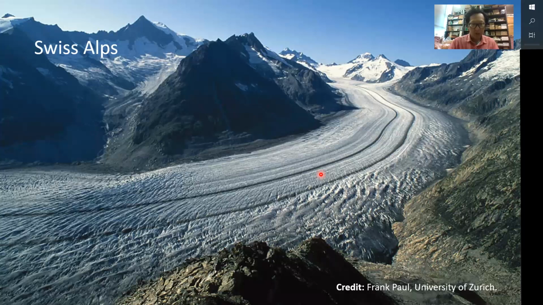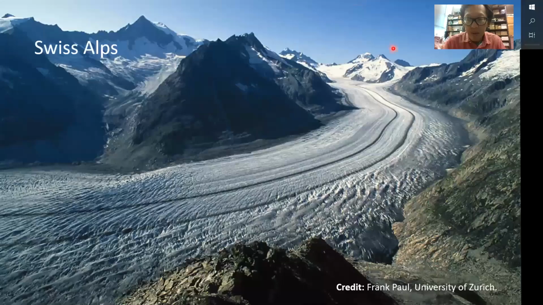But I'm going to show you some modern ones from the Swiss Alps, and this is a perfect example of one long flow that's carving this U-shaped valley underneath. And then you have other flows coming in from the sides here.